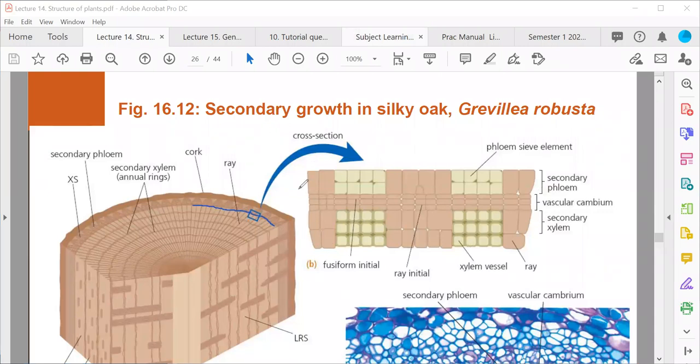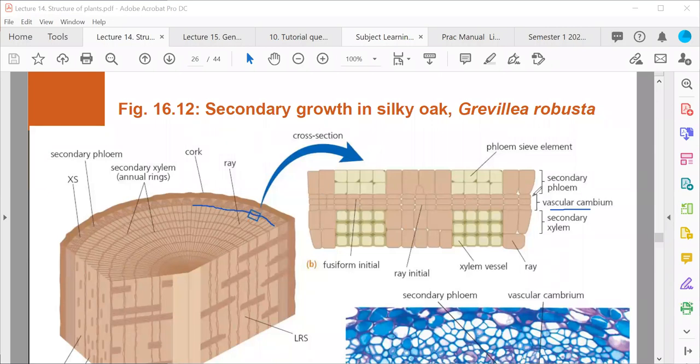All right, so the cambium, the vascular cambium, basically is represented by these three layers of cells in the middle here. Okay, so that's the vascular cambium. So these are undifferentiated meristematic cells. And when you hear that term meristem or meristematic, think of stem cells, which you find in animals.